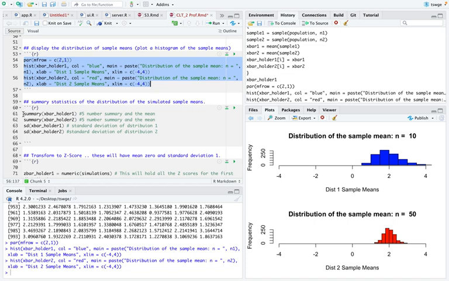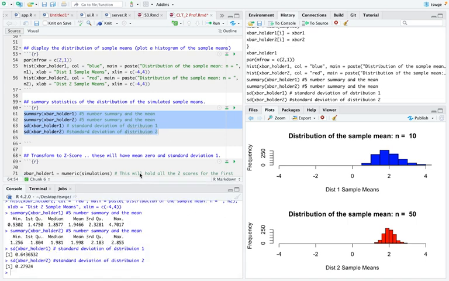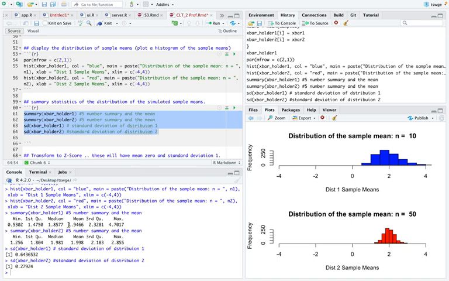And now we can look at the mean and standard deviations of each of those 1,000 sample means. For when n is 10, note that the mean is right about at 2, maybe a little bit lower, 1.94. And the standard deviation, that's the standard deviation of x bar holder.